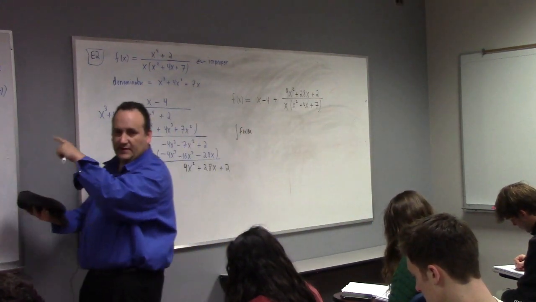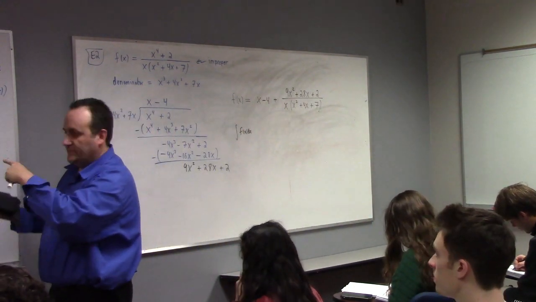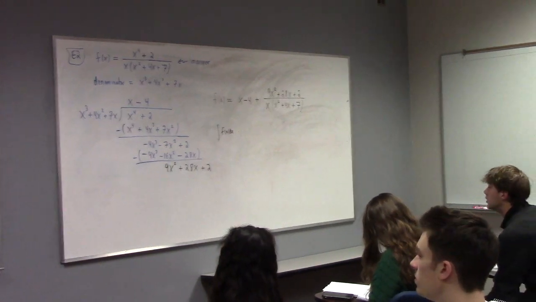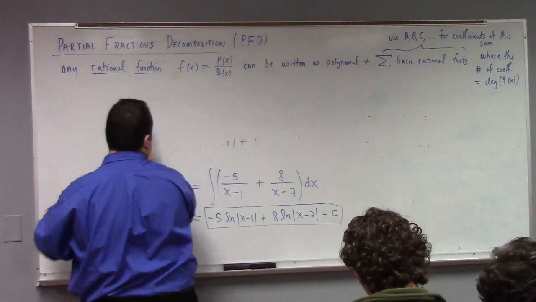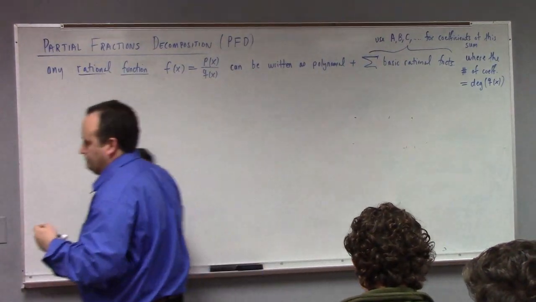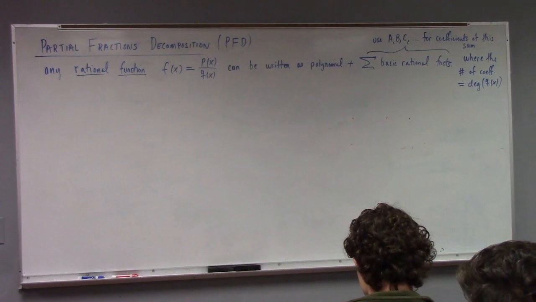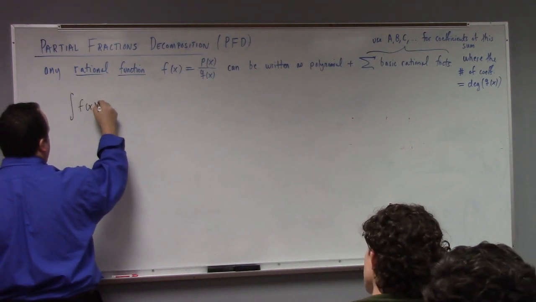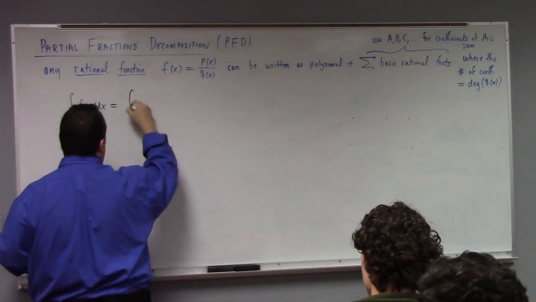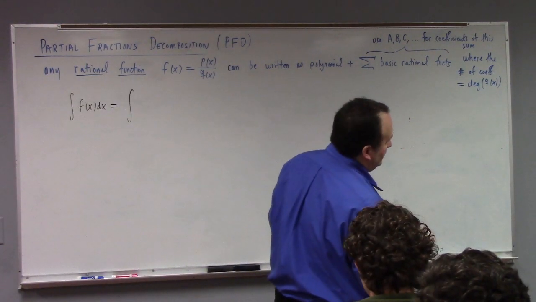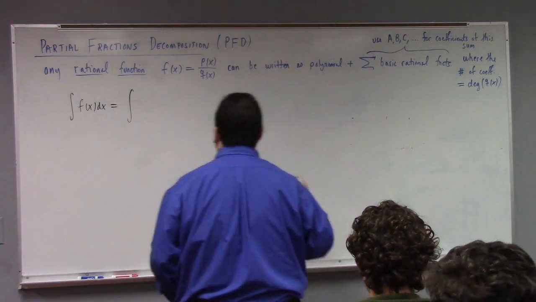We're done with this. Here we go. The integral of f of x dx is actually equal to the integral of what? Well, we've got the polynomial piece that we found 20 minutes ago, x minus 4.